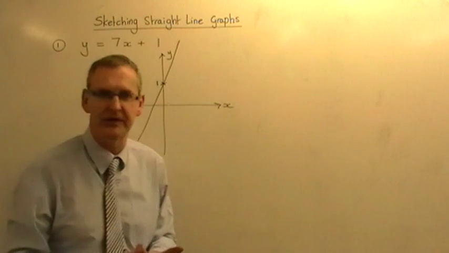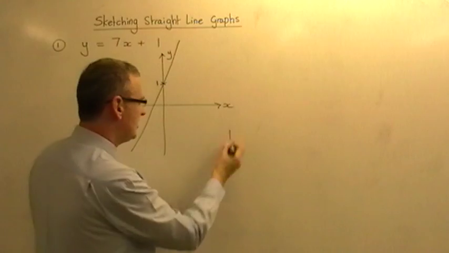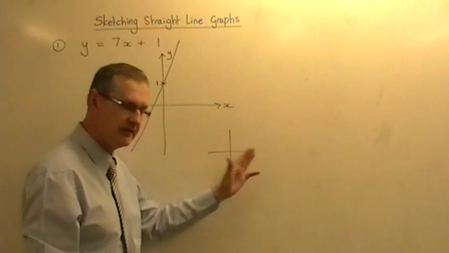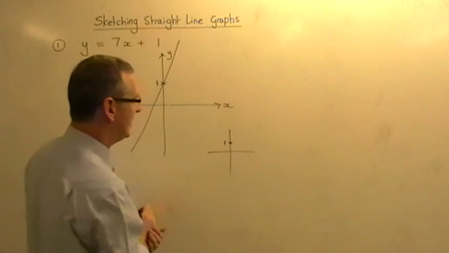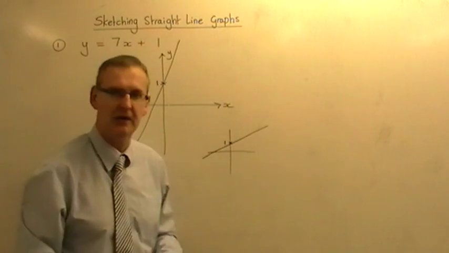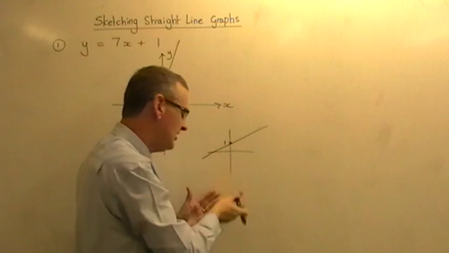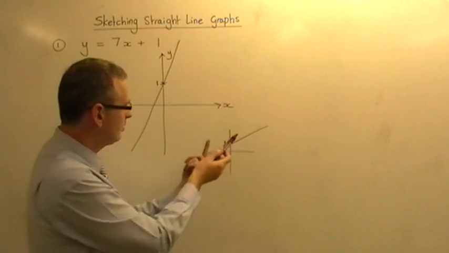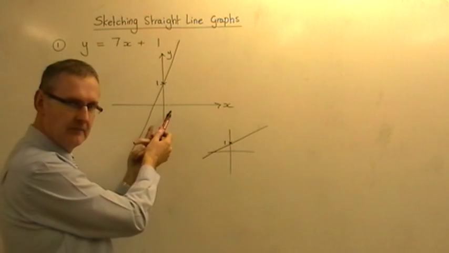Just one small point, which I'm not going to dwell on too much, is this. Because I'm not actually going to do an accurate picture here, and I have not done an accurate scale, it is possible for a straight line graph to have a slope of 7, and you could draw it like that, which is much more shallow. That's because if you change the scale that you're actually using, it is possible for me to get y equals 7x plus 1 to look like that, or I could make it look like that. Okay?